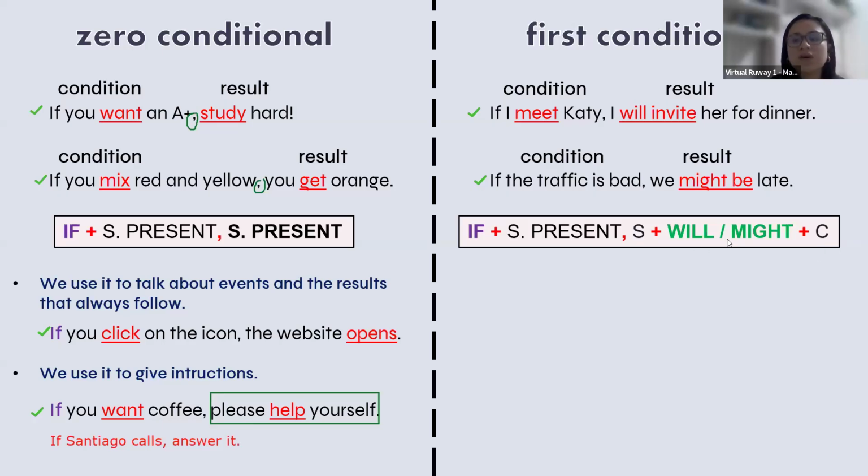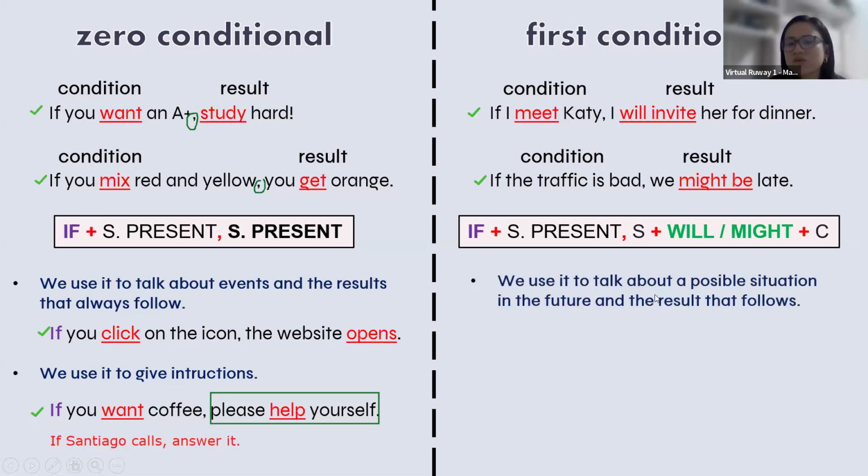Puedo usar el will o puedo usar el might. Recordemos que siempre es acompañado de un verbo. Will invite, might be, el verbo en forma básica. Right? We use it to talk about a possible situation in the future and the result that follows, ¿ok? Es una situación probable en el futuro y el resultado que le puede seguir a esa situación en el futuro, right?